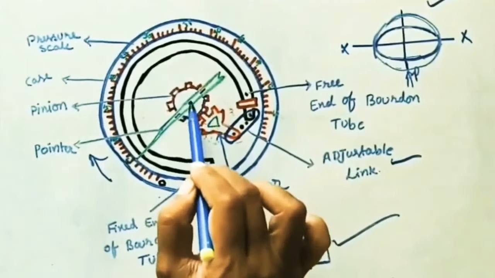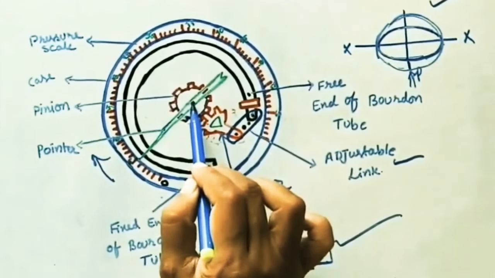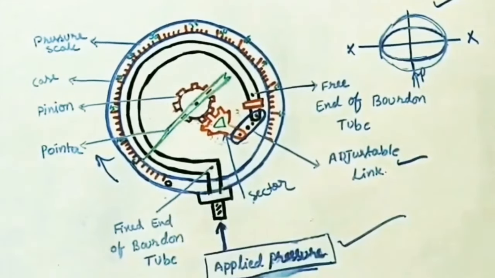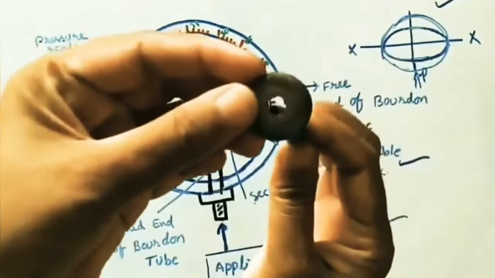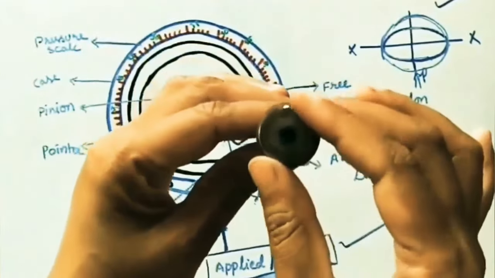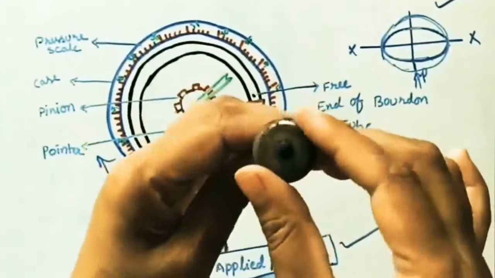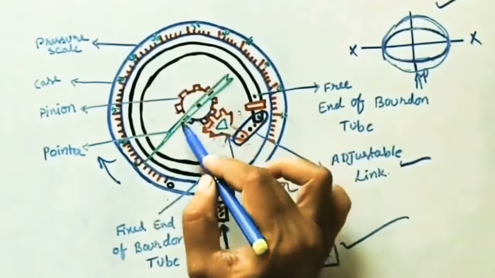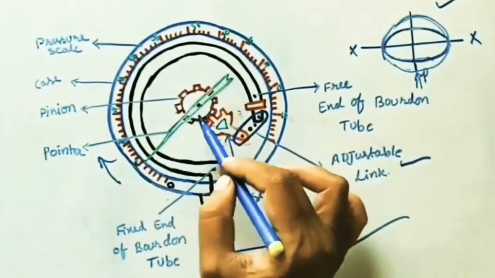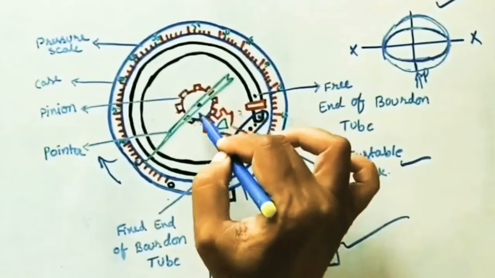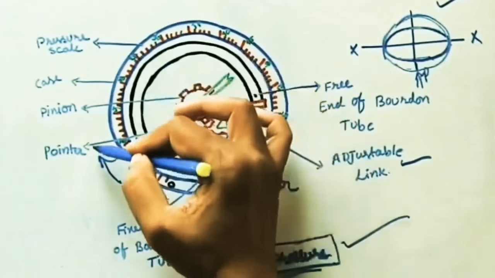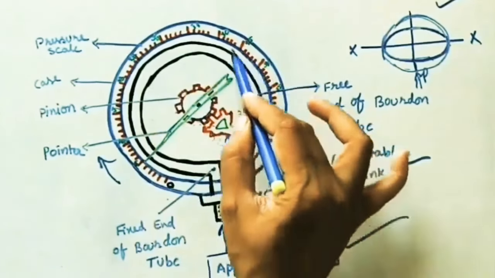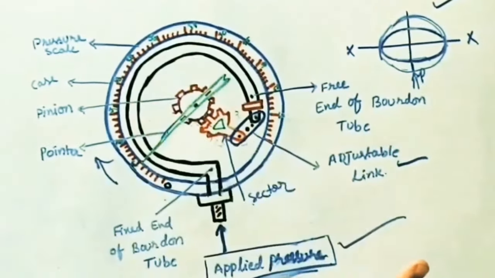This pinion is connected to a shaft, so the shaft will also rotate. Let us take an example: this is the shaft and this is the pinion. If the pinion rotates, the shaft also rotates with it. The pointer is connected to the shaft, so whenever the pinion rotates, the shaft and the pointer also rotate. This pointer shows the reading on the circular scale. These are the important parts of the Bourdon tube.